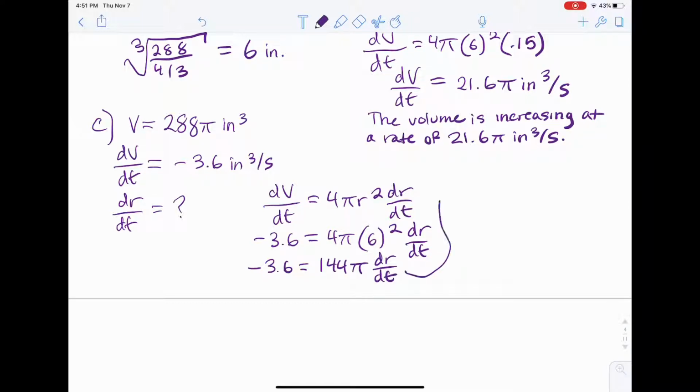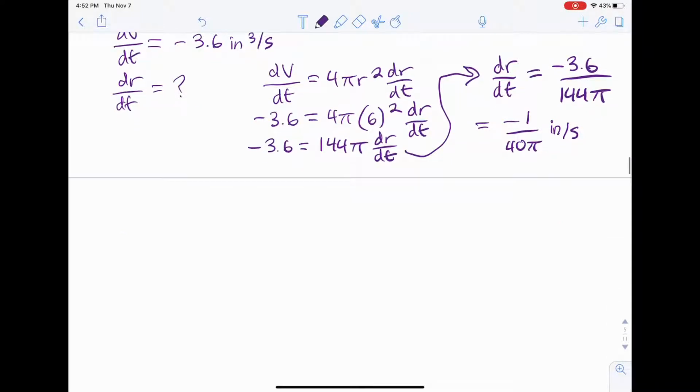So then dr/dt equals negative 3.6 over 144 pi. You can simplify that down to negative 1 over 40 pi, because if you divide 144 by 3.6, you get 40. The units here are important because it's a radius. It would be inches per second.